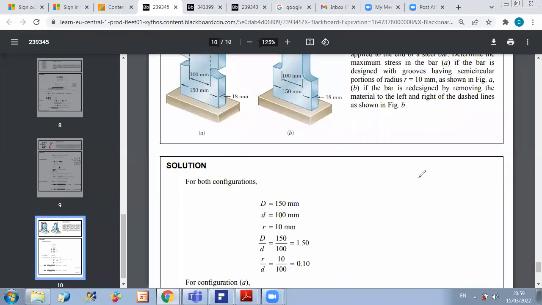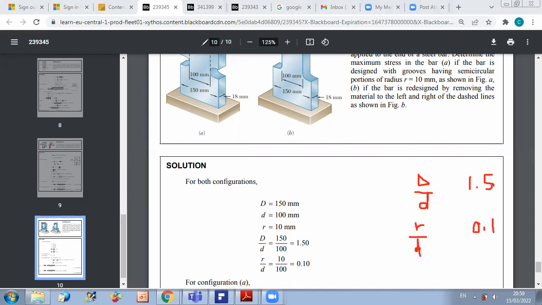So I write here D over d is 1.5 and r over d is equal to 0.1.